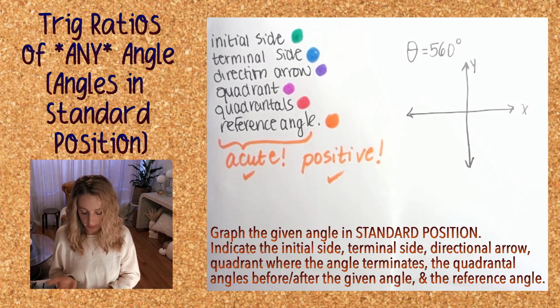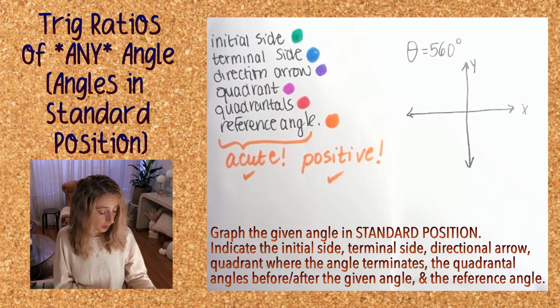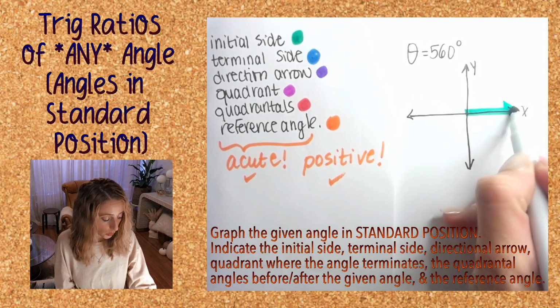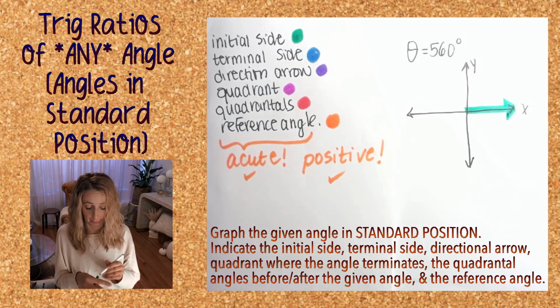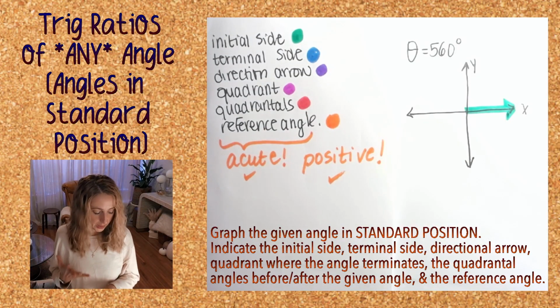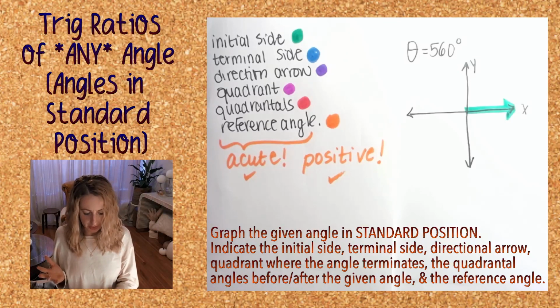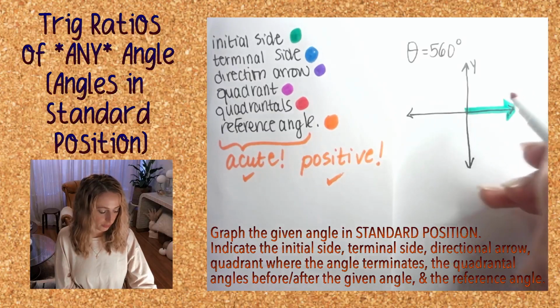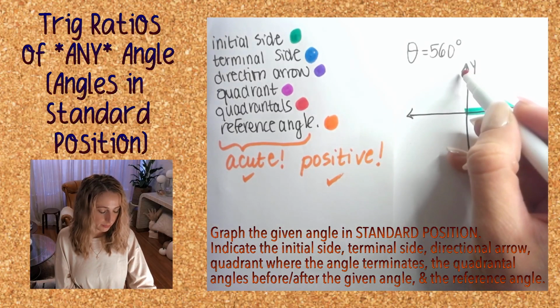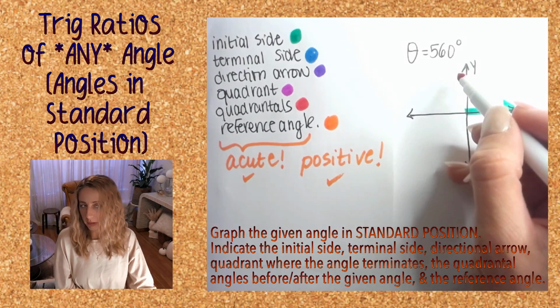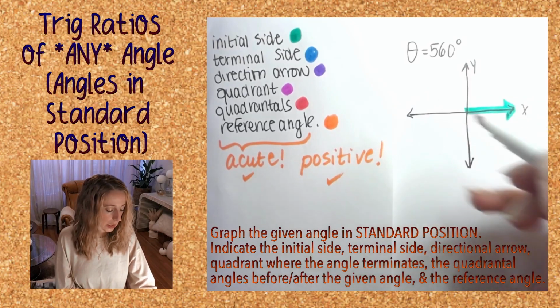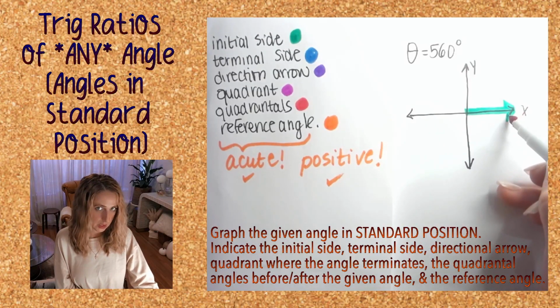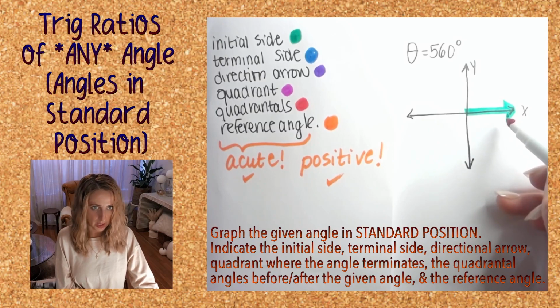All right, so let's go ahead. Initial side. Well, that's a no-brainer because it's always in the exact same place. It's right there. Done. Terminal side. We grabbed the red next last time. If I'm going around and around, it's a positive angle, 560. If you can count by nines, your life's a little easier: 90, 180, 270, 360, like 9, 18, 27, 36.